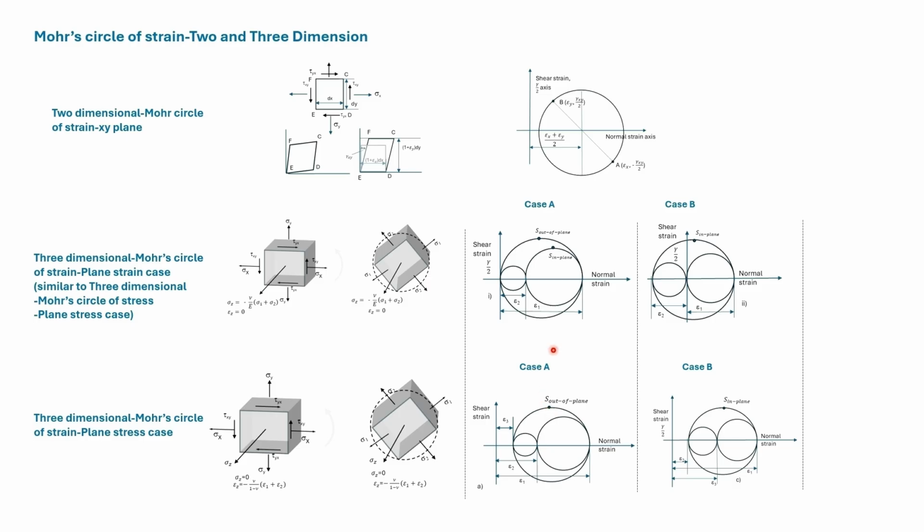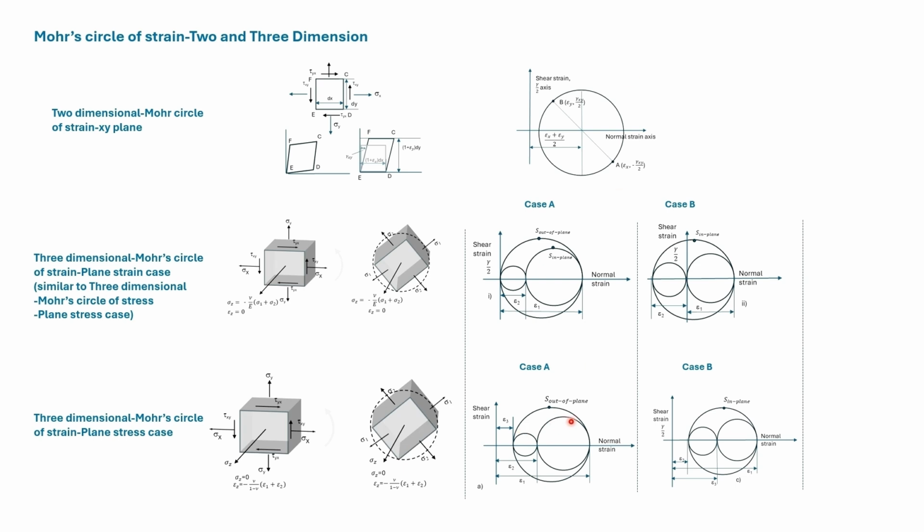Here again there are two cases. In the first case, epsilon 3 or epsilon z is either less than both epsilon 1 and epsilon 2 or more than both epsilon 1 and epsilon 2. Here epsilon 3 is shown less.